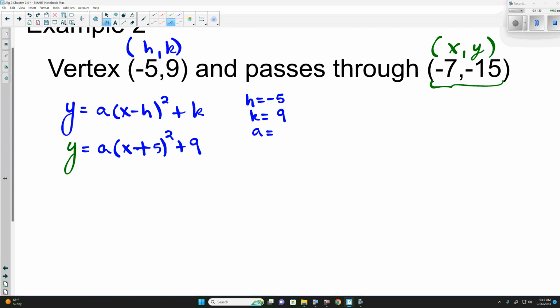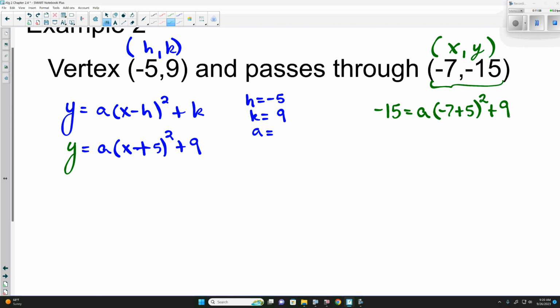And to calculate this, we're going to replace y with its value, which is -15, is equal to a times -7 plus 5 squared plus 9. Because again, we need to find what value of a will make it so that when we plug -7 into the equation, we get -15 as the output.